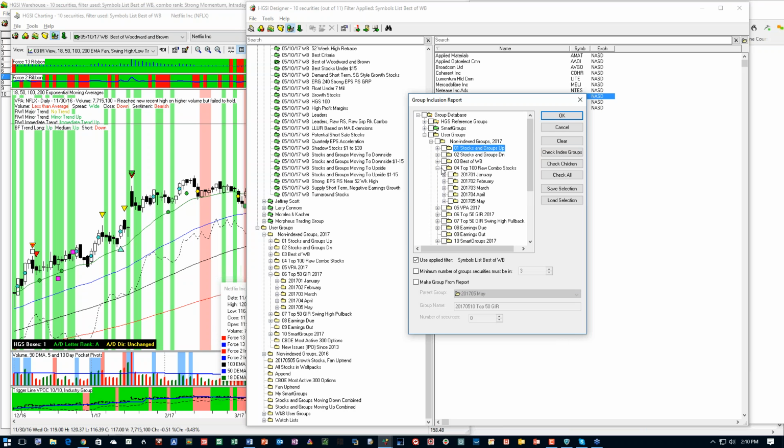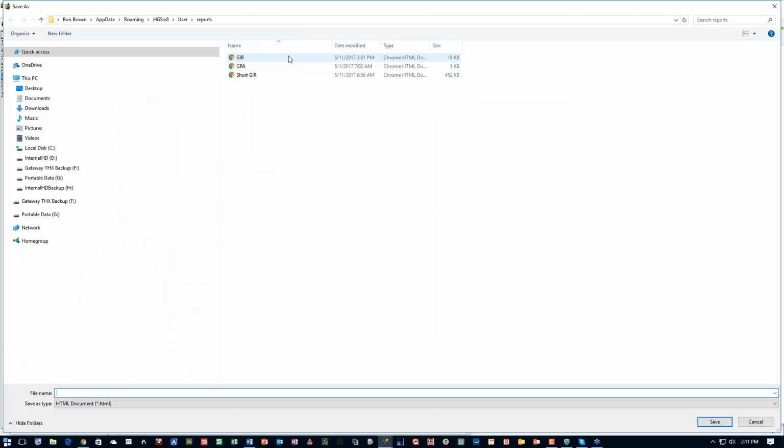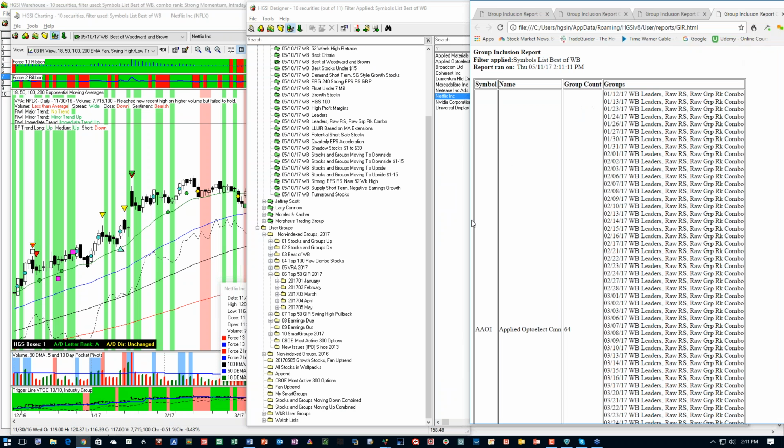I'm going to use the raw combo, and I'm going to check the children, and I'm just going to run this. Let's see how many times these stocks appear in the raw combo. Now we're getting a little different perspective here. Look at this.